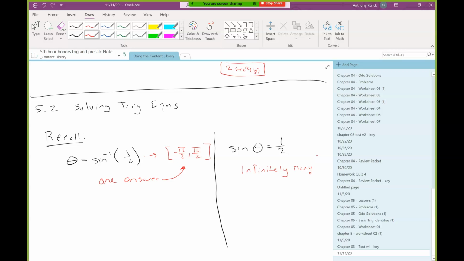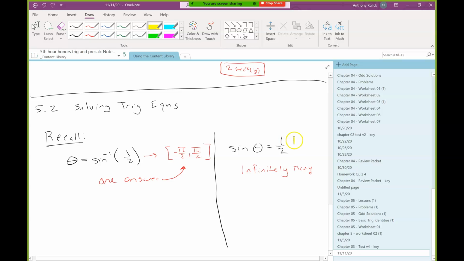And that's okay because a function can have lots of duplicating y values, right? We can keep getting 1/2 as a y coordinate over and over again, and that's not an issue. We can't have an input and get a bunch of different outputs, right? Which is why we had to be careful about the inverse.